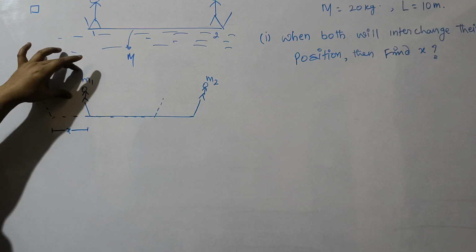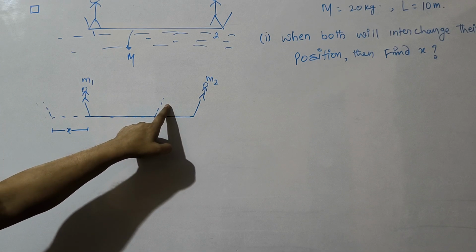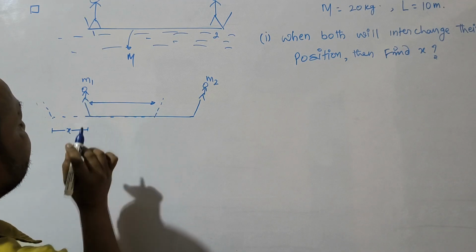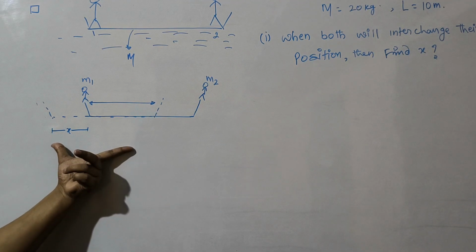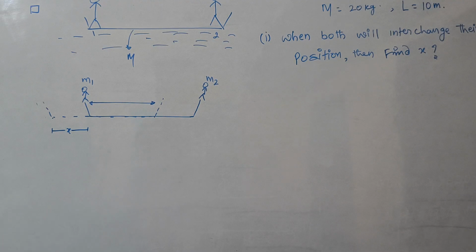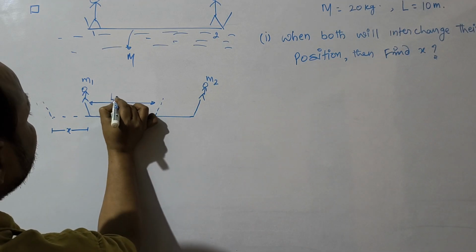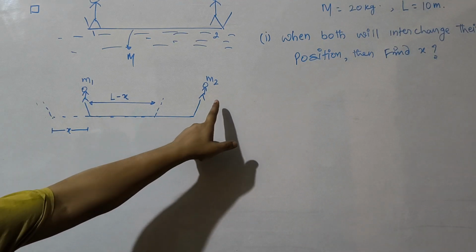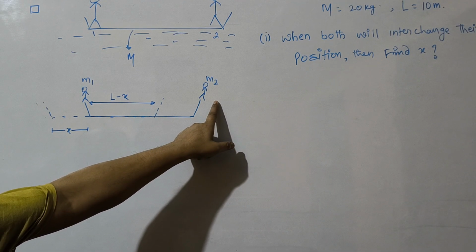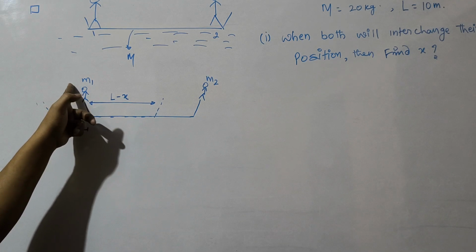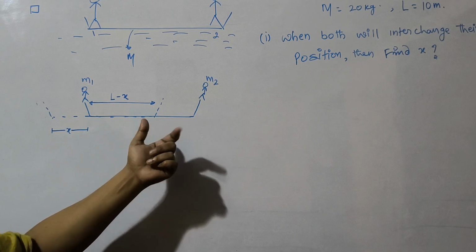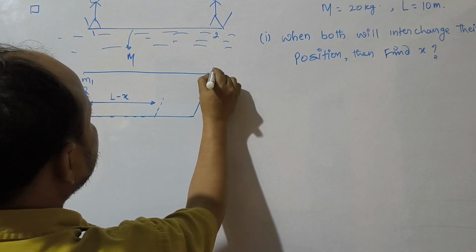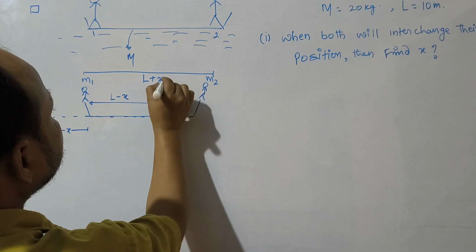The distance traveled by M1 to reach the opposite end will be L minus x, where L is given as 10 meters. Similarly, the distance traveled by M2 to reach the opposite end will be L plus x.